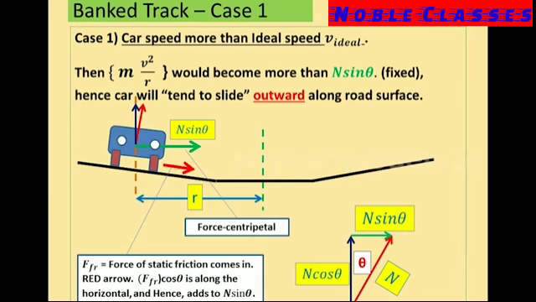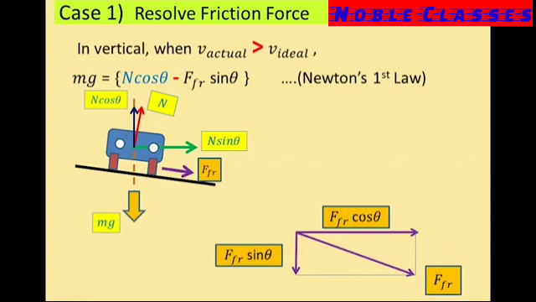Because the friction is acting at an angle along the surface of the road, we have to resolve the frictional forces also in the vertical and horizontal directions. That's easy. As you can see in the triangle below, you have the F_fr, the violet arrow at an angle, and its horizontal component is F_fr cos theta, and the vertical component is F_fr sin theta.